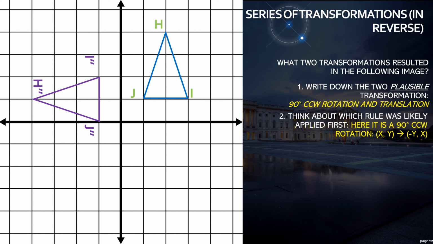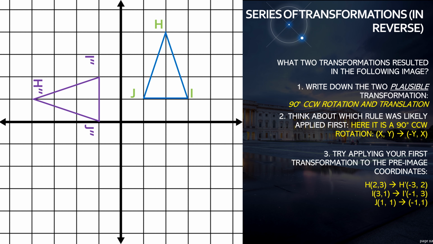So personally for me, because I tend to think spatially and visually, I know that a 90-degree rotation occurred first. So here I'm going to write out my rule for a 90-degree counterclockwise rotation. And then I'm going to try to apply the first transformation to the pre-image coordinates.